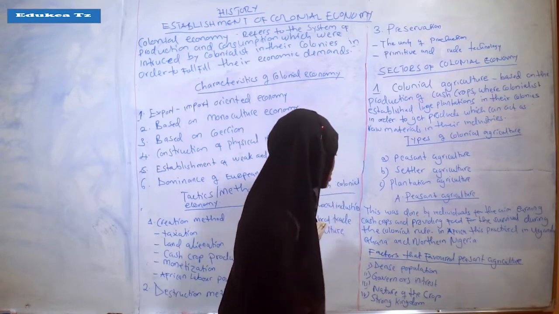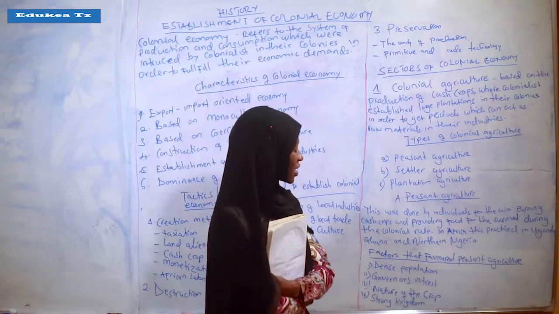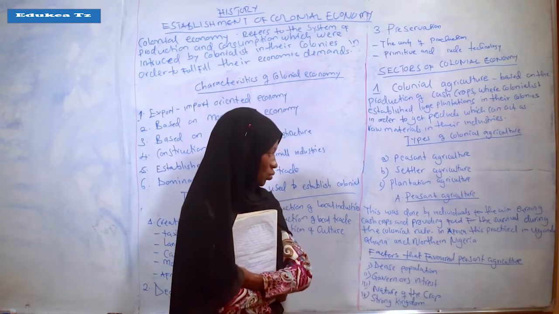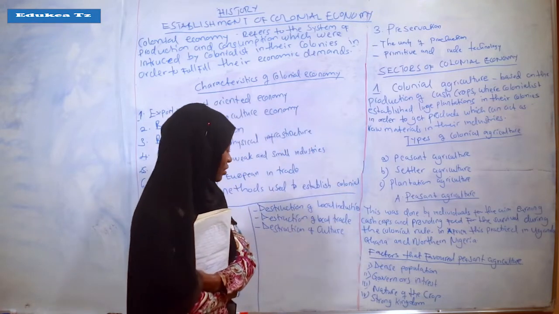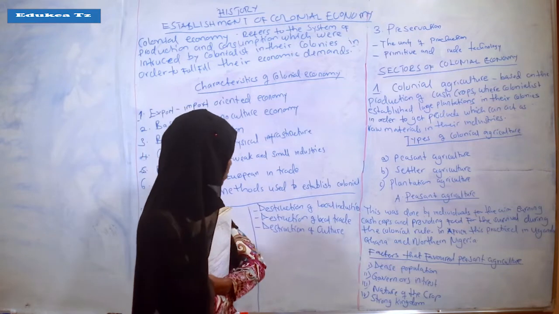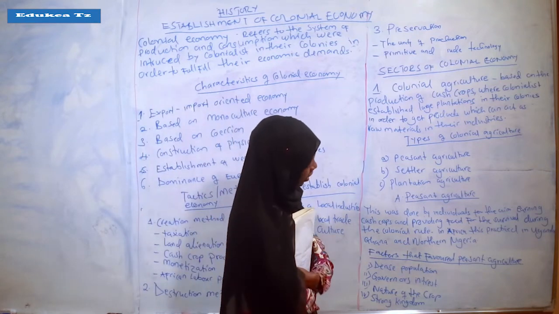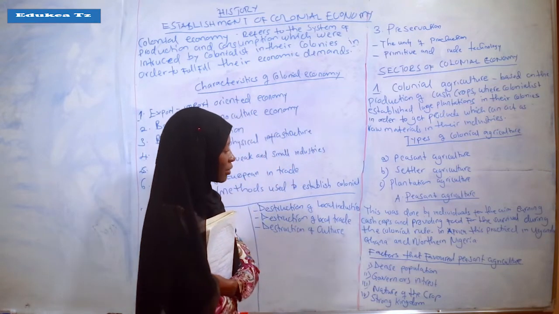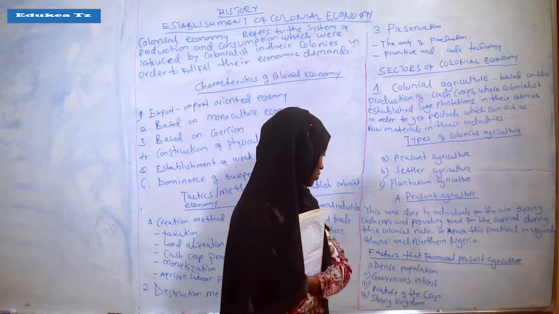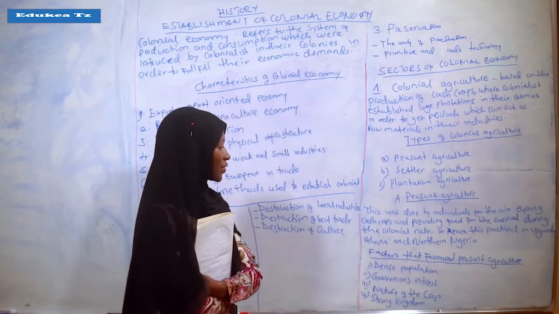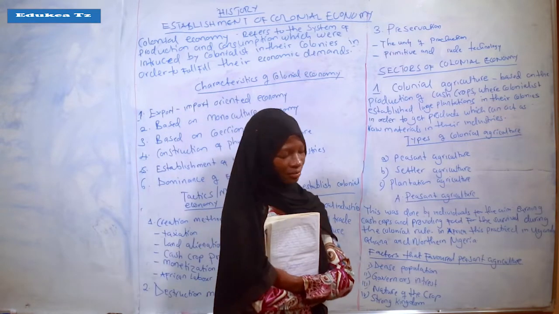This means peasant agriculture aimed to produce not only cash crops but also food crops. Also, these were done by family members. In Africa, this was practiced in Uganda, Ghana, and northern Nigeria.